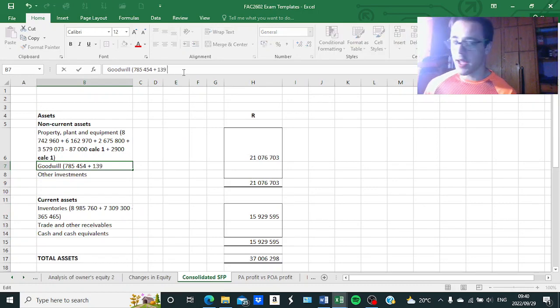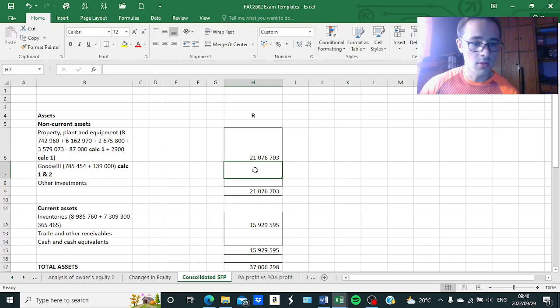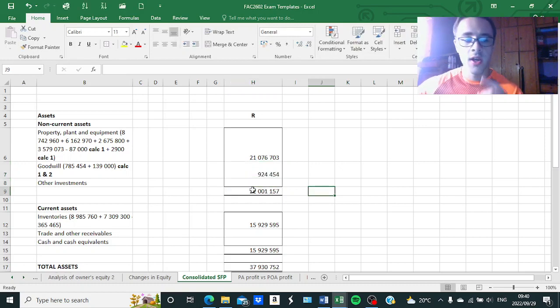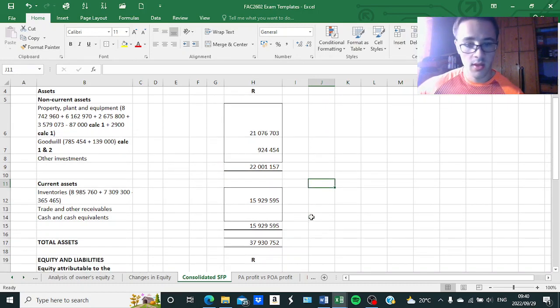We have calculated those amounts in calculations 1 and 2. So total goodwill will amount to 924,454, giving you a total for non-current assets of 22,001,157 Rand. Then we move to our current assets section.